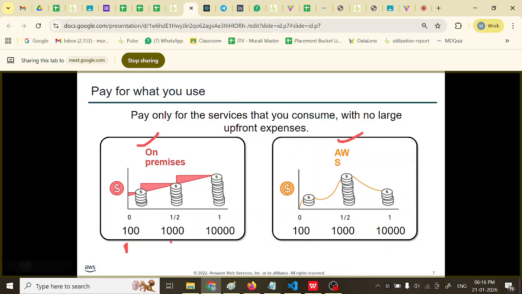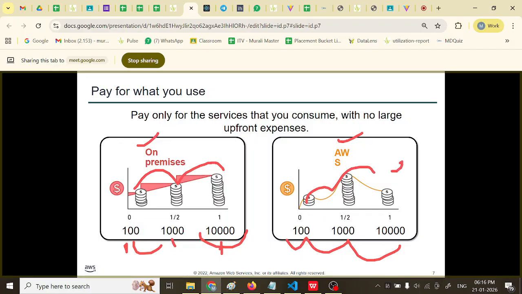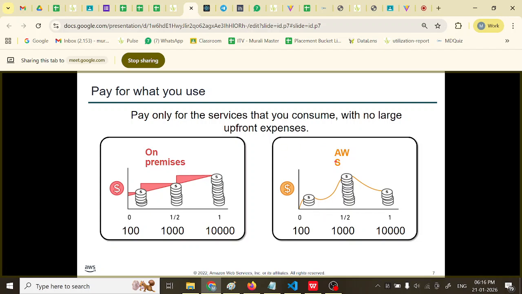Initially you have 100 employees, then you become 1000 employees, and again you have to invest in infrastructure as you keep growing. But here, as you keep growing, you can go for a lower price. You will pay less because you know how to use AWS efficiently.